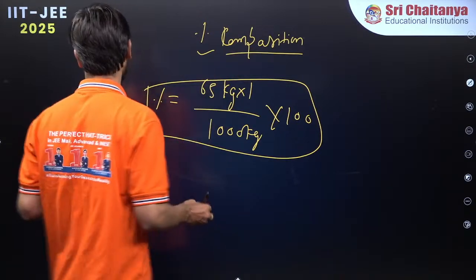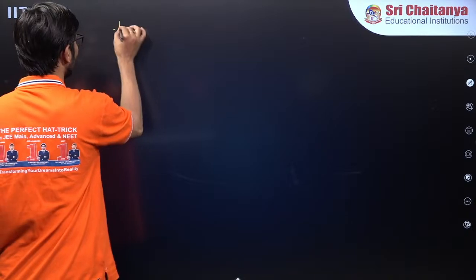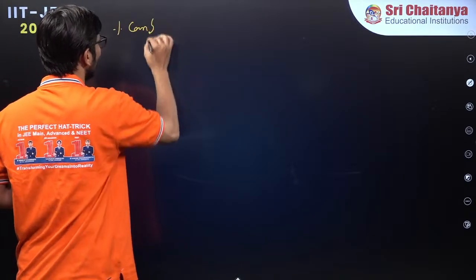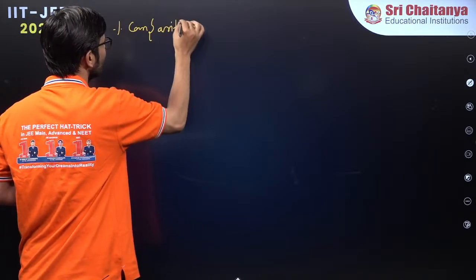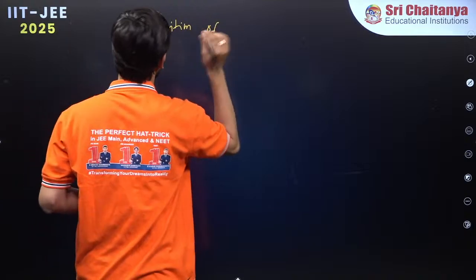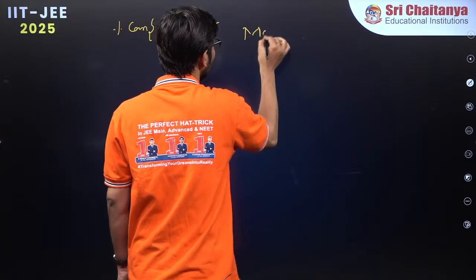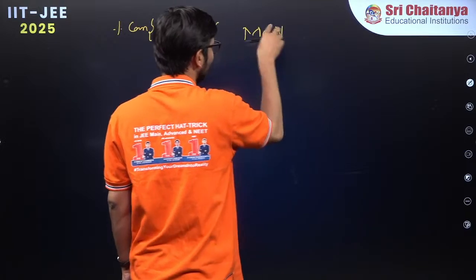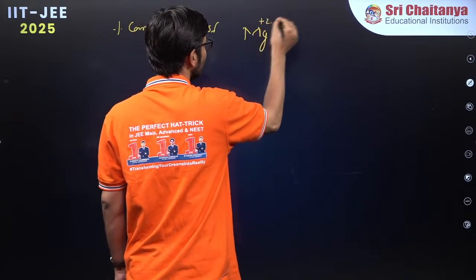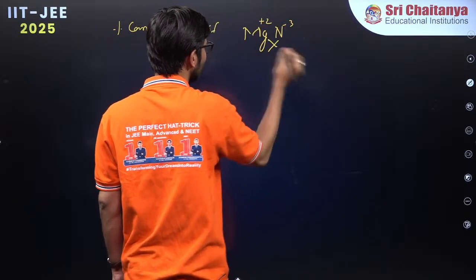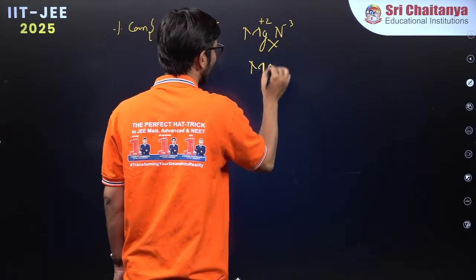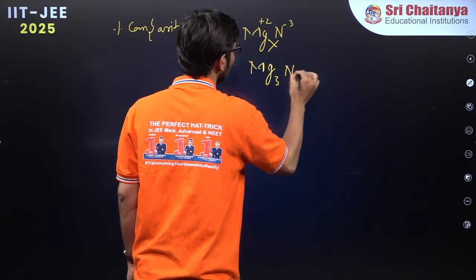Similarly, let us say I want to know the percentage composition of, let me take one example, magnesium nitride. All of you know how to do the crisscross. This is +2 and nitrogen is -3. If you do the crisscross, the formula comes out to be Mg3N2.